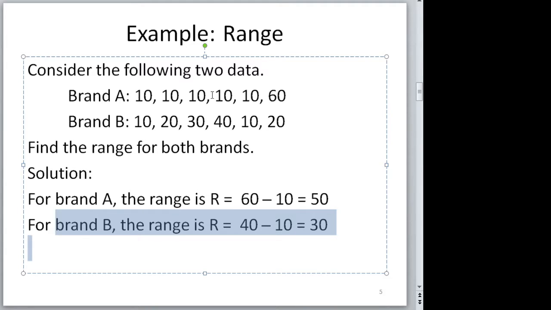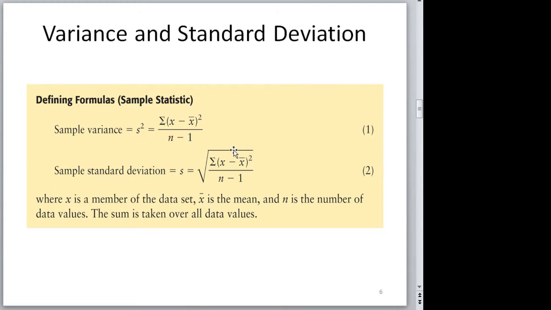Most of the data points are concentrated except just one, maybe an outlier, maybe not, but brand B is rather spread out. So we need a more sophisticated, better measure to detect this type of problem, and that would be the variance and standard deviation.